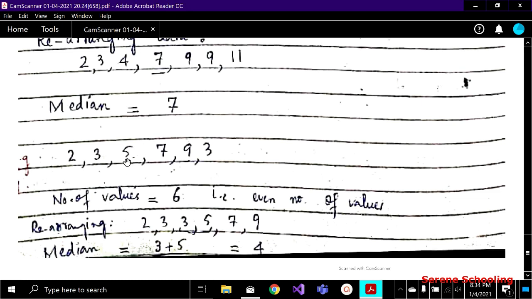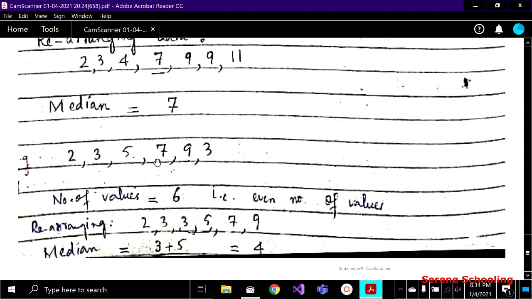These two together divide the data into two halves: one half here, the other half here, and these two are our mid values.